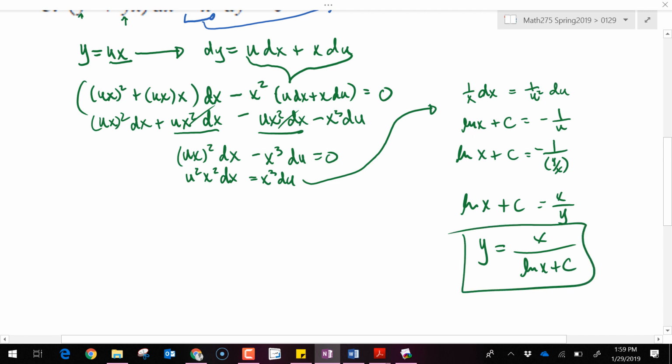Is that right? Oh, yeah. I keep forgetting my negatives. So this is negative, that's negative. Is that good?